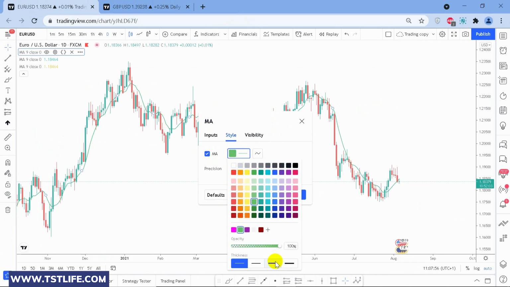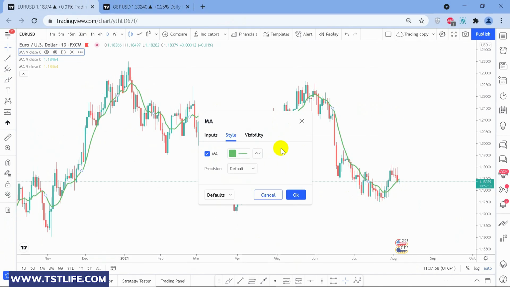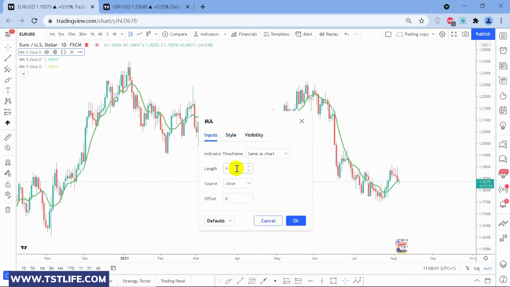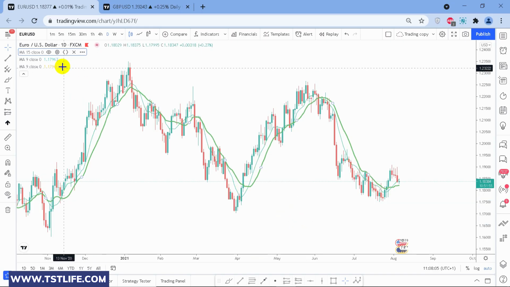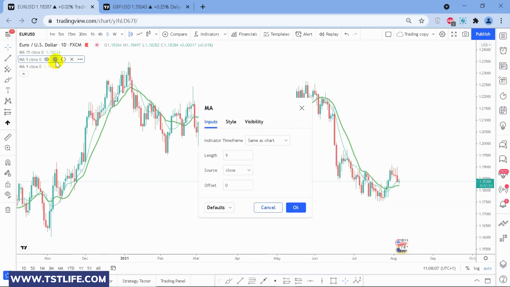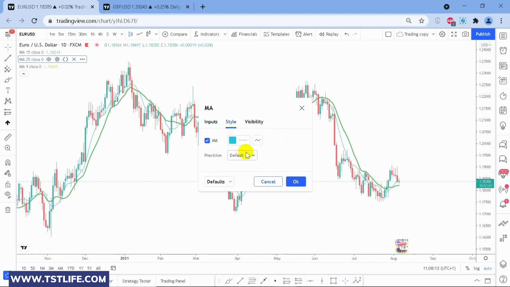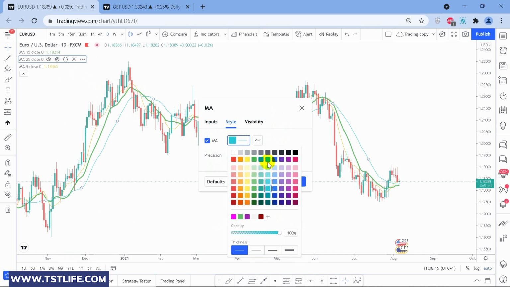If you are on TradingView, you can add them separately or use one of the combo indicators that allow you to add a triple moving average setup to your chart. We are using the simple moving averages of 15, 25, and 50 periods. We can add them separately to make our chart clearer and easier to analyze.